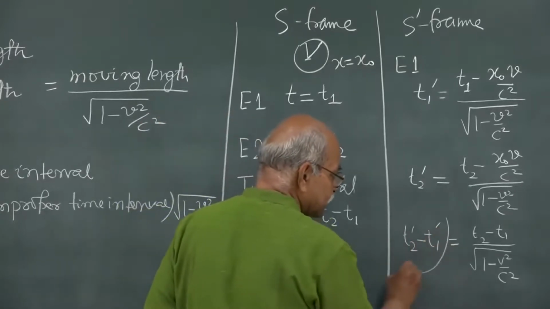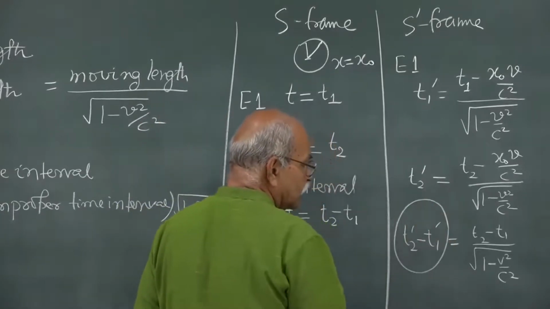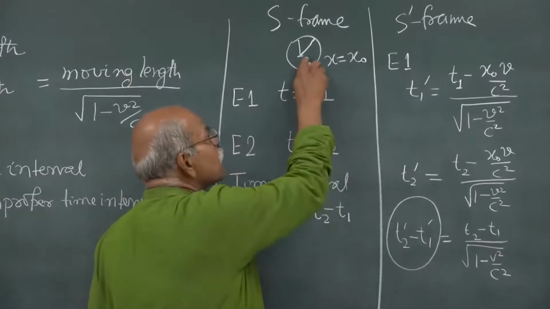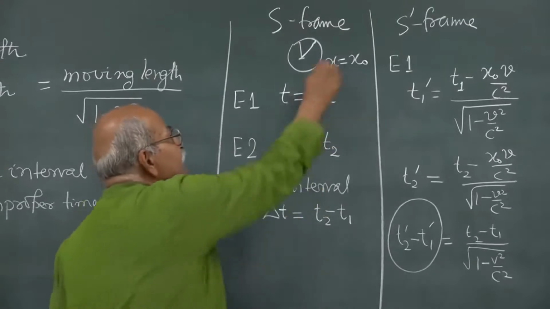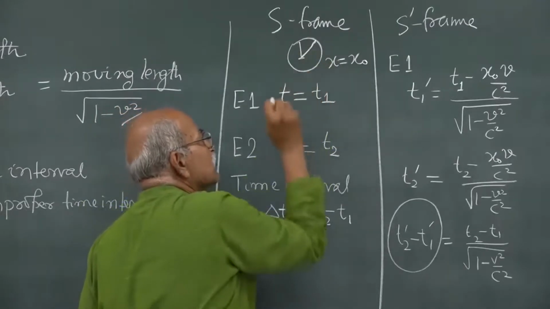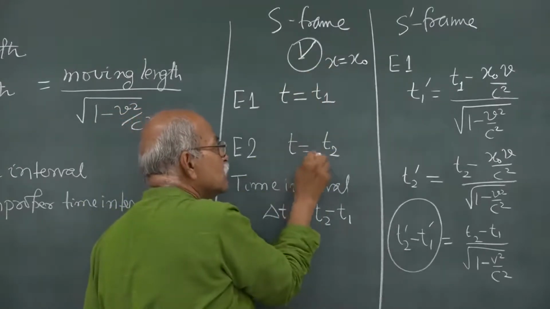This much time elapsed, and the clock advanced from t equal to t1 to t equal to t2, because the reading is t equal to t1 and here the reading is t equal to t2.